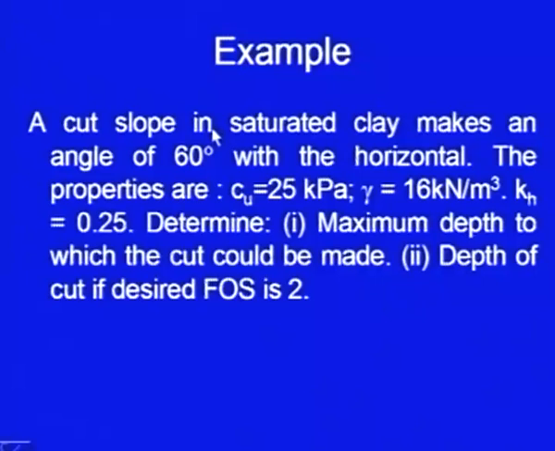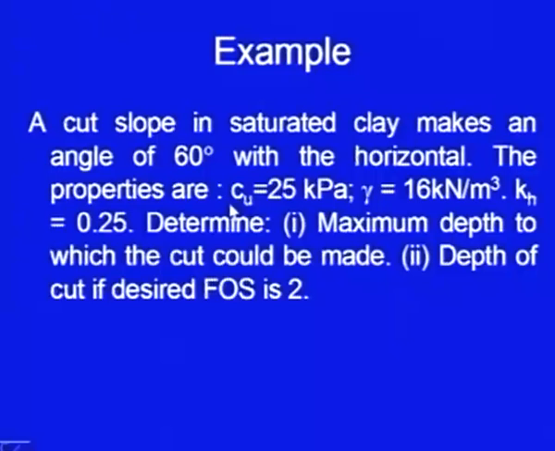I will demonstrate the applicability of these graphical methods through this example. It is given here a cut slope in saturated clay makes an angle of 60 degree with the horizontal.